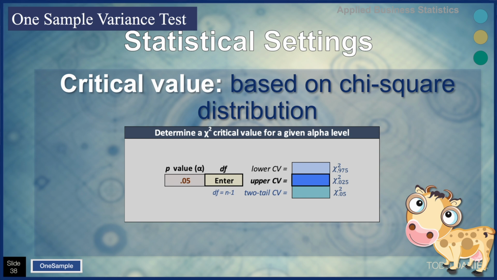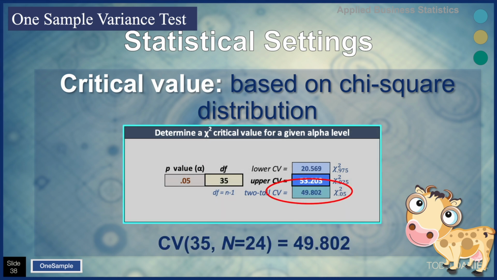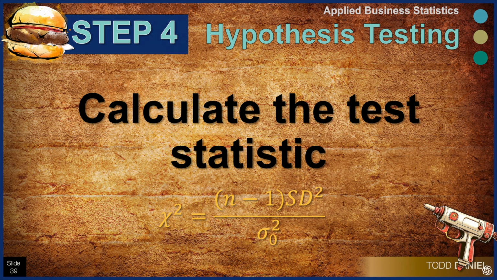You simply plug in the degrees of freedom, the n minus 1. Well, we have 36 in our sample. Degrees of freedom is 35. And then we get critical values for lower, upper, and two-tail. We're going to be doing a two-tailed test, so we'll be using this critical value of 49.802. And now we're ready to calculate the test statistic.